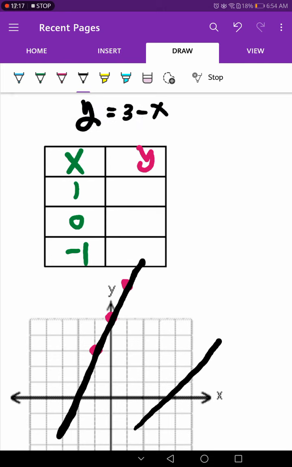Now if x equal 1, what is the value of y? If I put this value here, 3 minus 1, it is 2, teacher. If x equals 0, this will be 3. And if x equal -1, it will be 4.